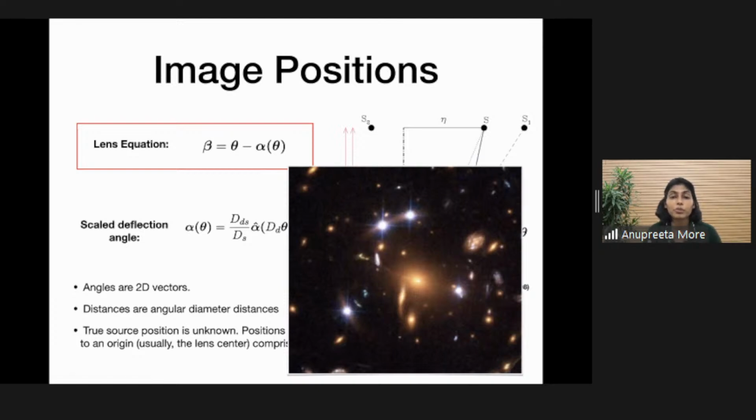And when you measure these spectroscopic redshifts, what you find is that the redshifts of all of these features are identical. So that allows us to be confident that these are the same sources.